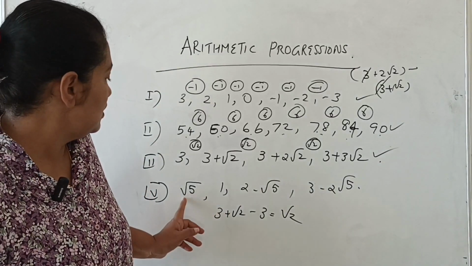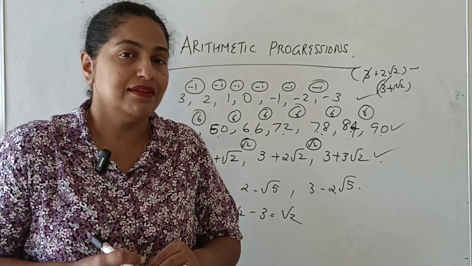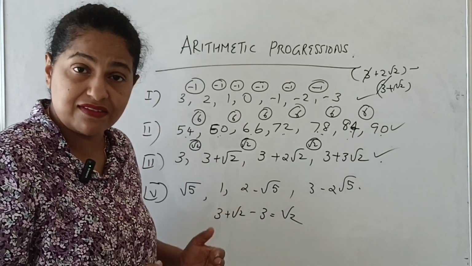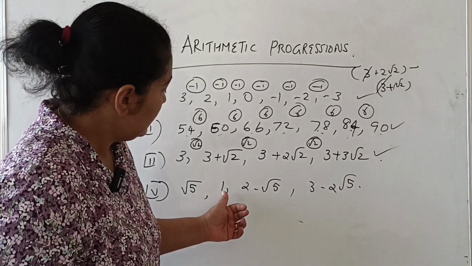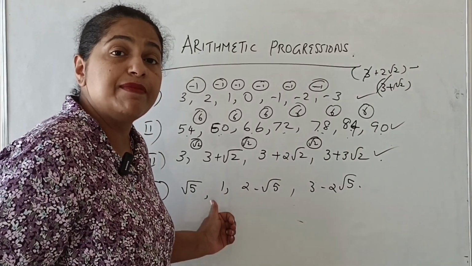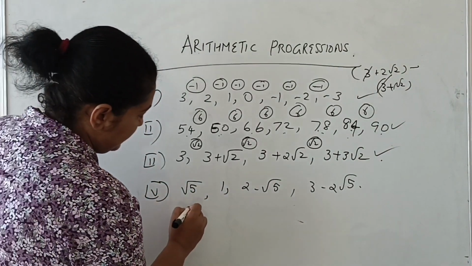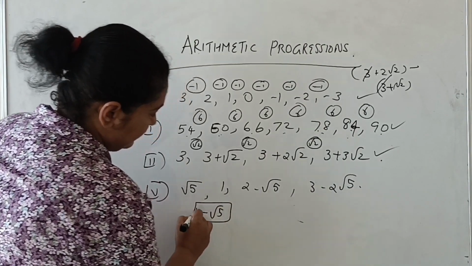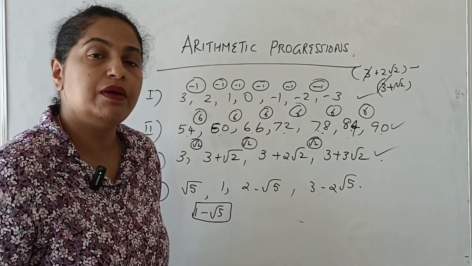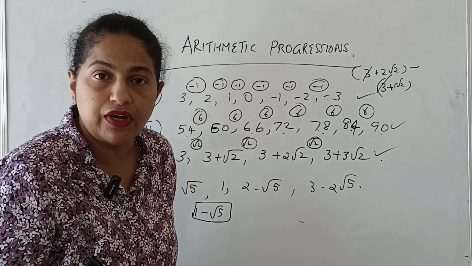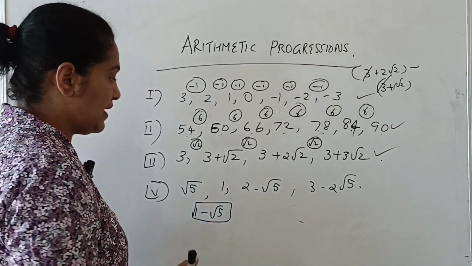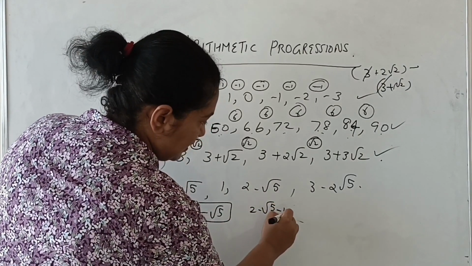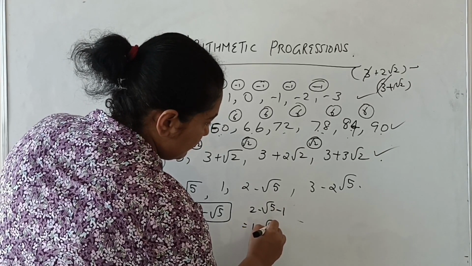Okay. Now the fourth one. The fourth one is a little tricky, but let us see how we can find out the difference between the successive terms. In the fourth one, what is the difference between the second term and the first term? Second term is a 1, first term is a root 5. I cannot simplify this further, so I am going to leave it there. Now I am going to find out the difference between the third term and the second term, which is 2 minus root 5 minus 1, which is 1 minus root 5.